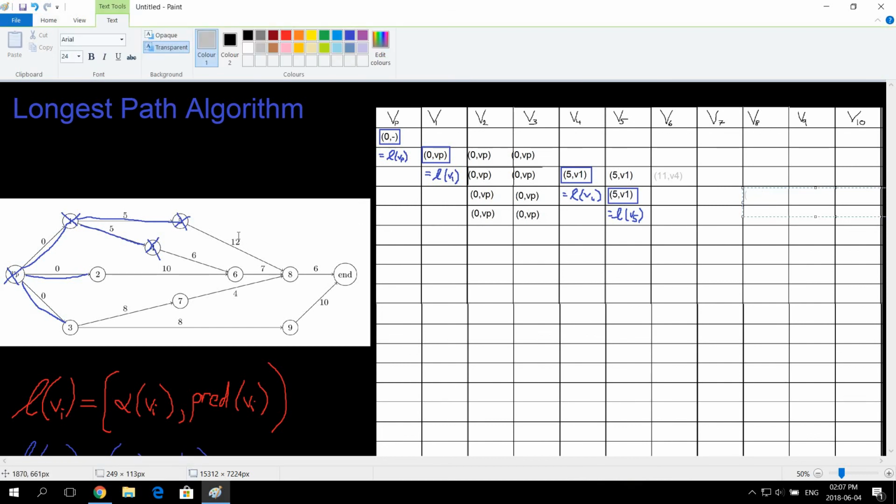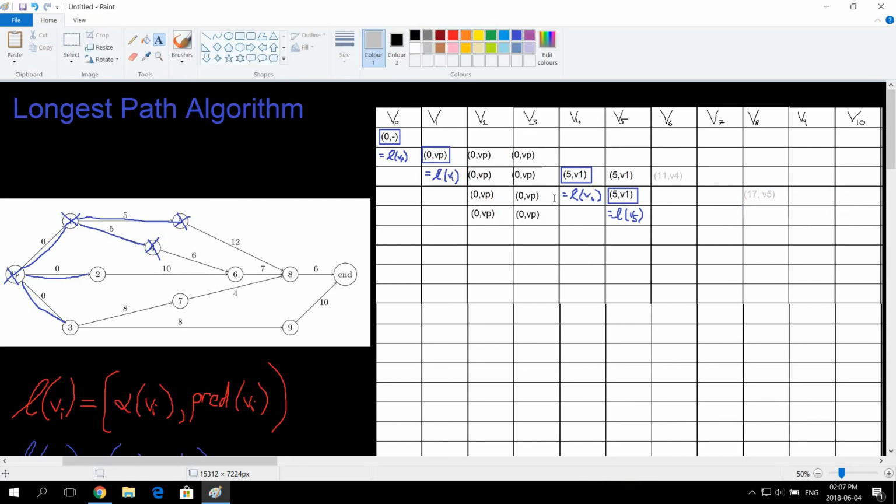Well, it's 5 plus 12, which is 17, and the predecessor for this one is V5. Okay, cool. So now these are only 2 options, so we're going to have to use the previous method where we just take the first one that occurs and then we permanent label.